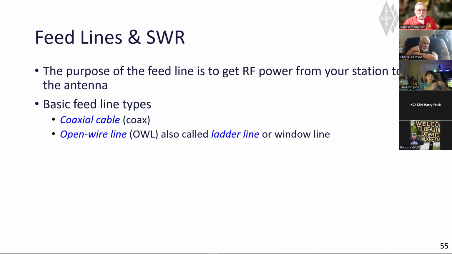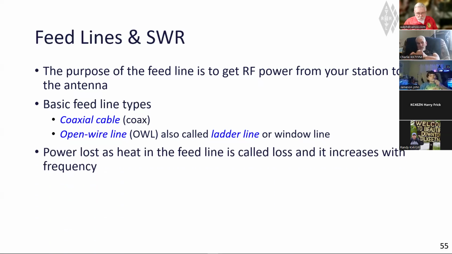And you can even make it yourself if you have spacers to space your line and work with the impedances. Power lost as heat in the feed line is called loss, and it increases with frequency.